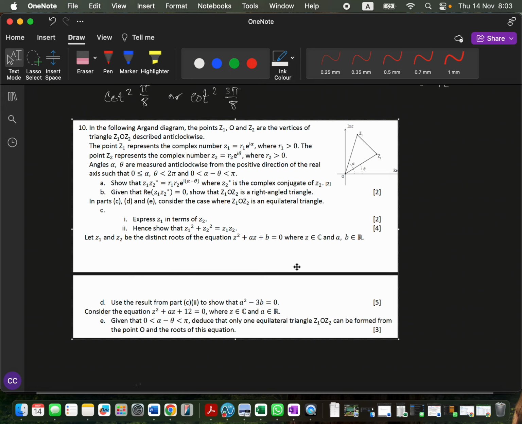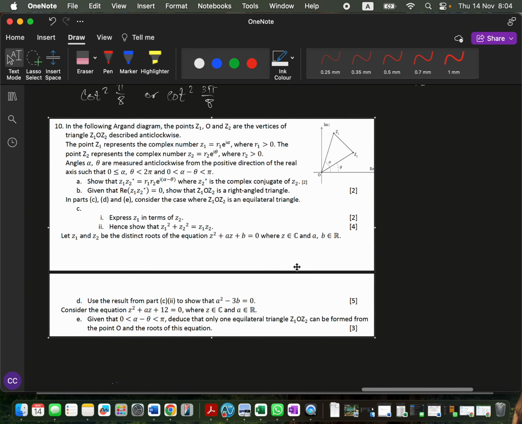Right, this is question 10 from the paper one review pack on complex numbers. So we have an Argand diagram, we have this whole thing going on, we have some definitions for what the various complex numbers are, and positive direction are real, so it's greater than A, sweet.